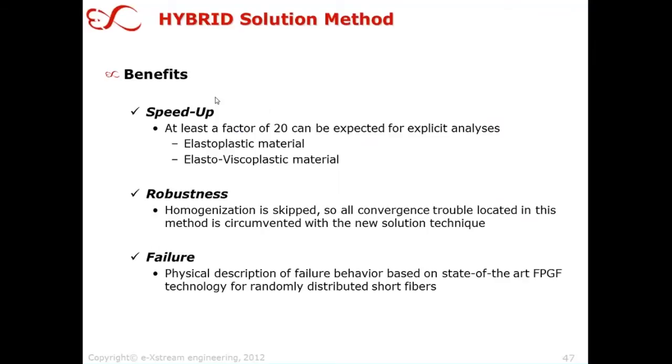And talking about failure, hybrid failure is a part of the hybrid solution. And so the real physical behavior of the failure from brittle to ductile and so on is state-of-the-art FPGF technology in the hybrid solution method. And this is really what you need if you want to go for physical description of failure for short fiber reinforced plastics.